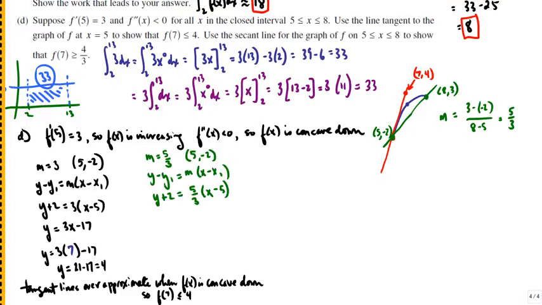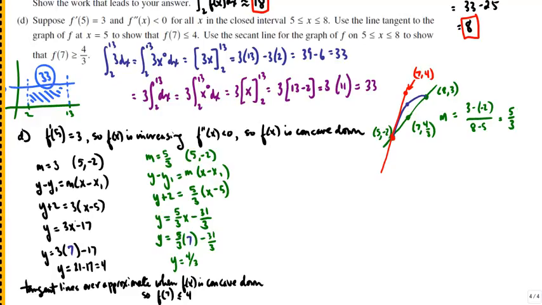We end up with y plus 2 is equal to 5/3 times x minus 5. And so that's going to be y equals 5/3 x minus 31/3. Plugging in x equals 7, we end up with y equal to 4/3 there. So we want to show that f of 7 has to be greater than or equal to 4/3.